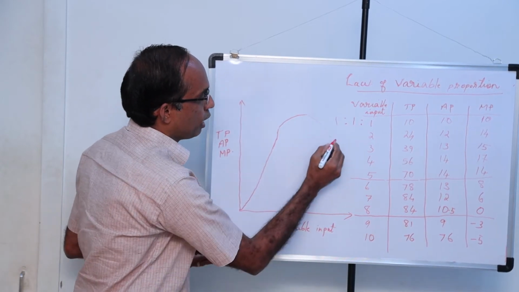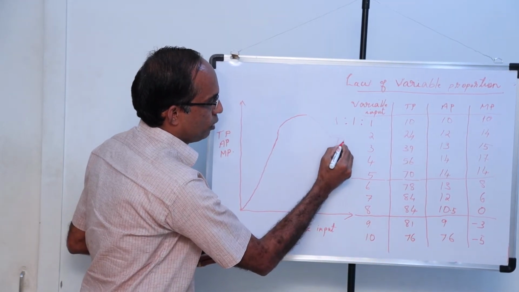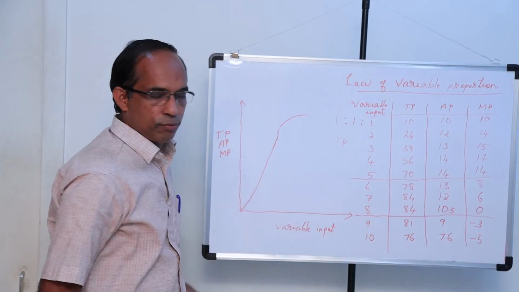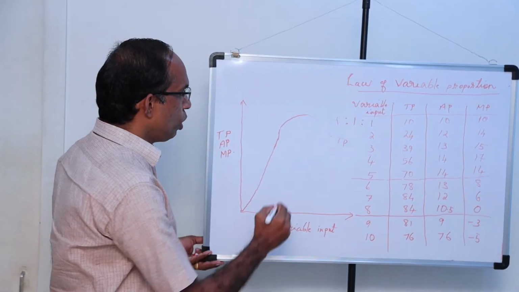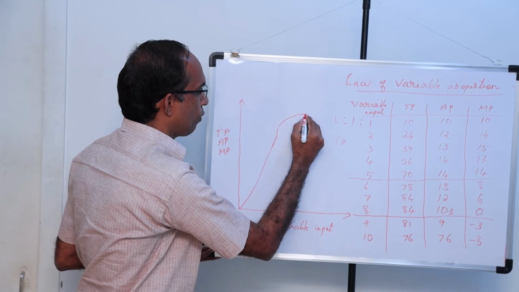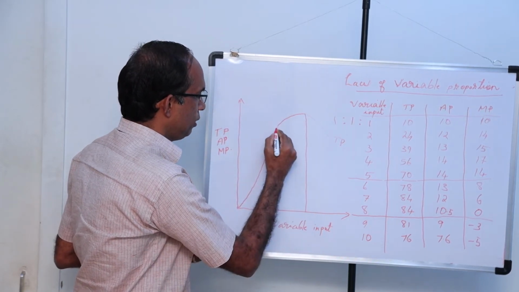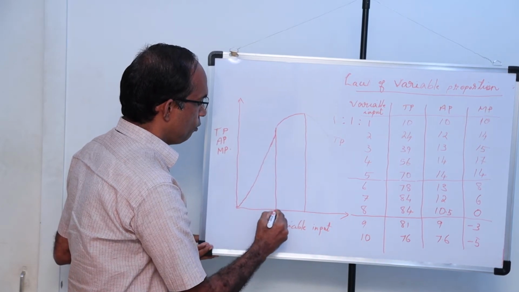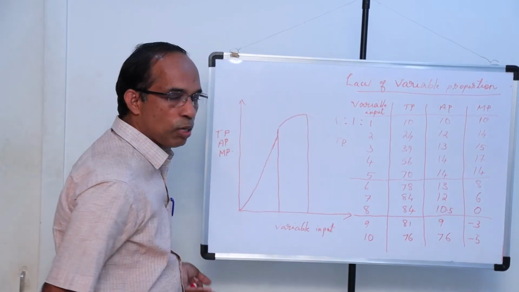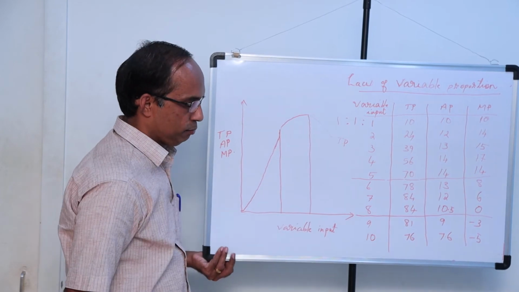This is the total product curve, right? Then you have to draw a vertical line from this to the x-axis. From here and from here you draw a perpendicular line to the x-axis.